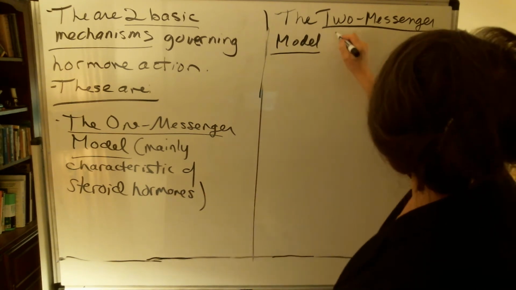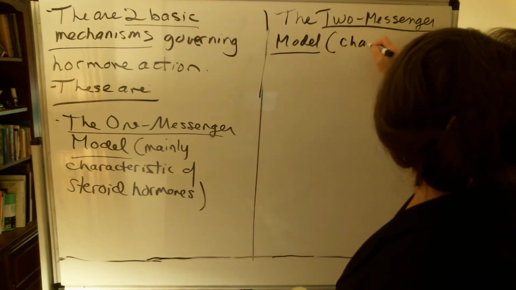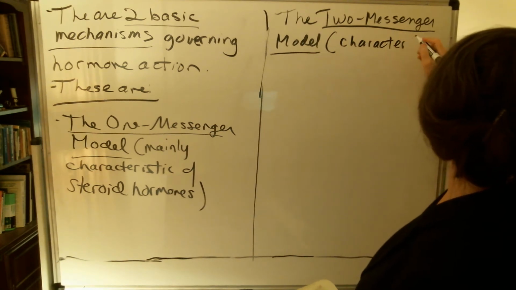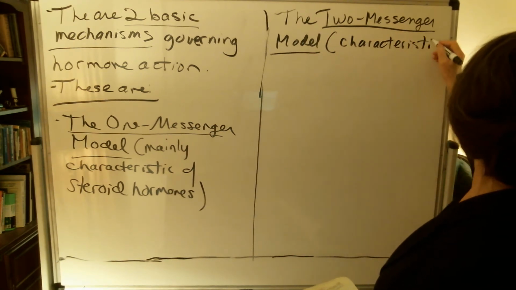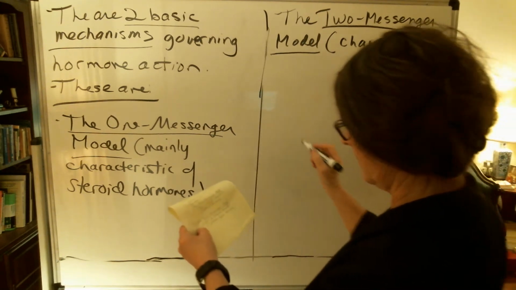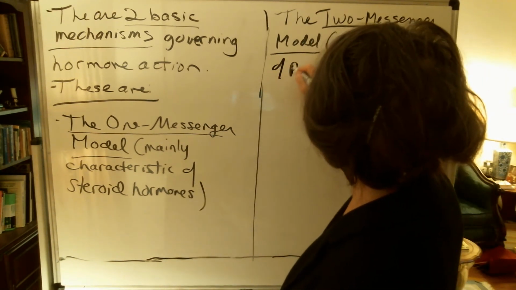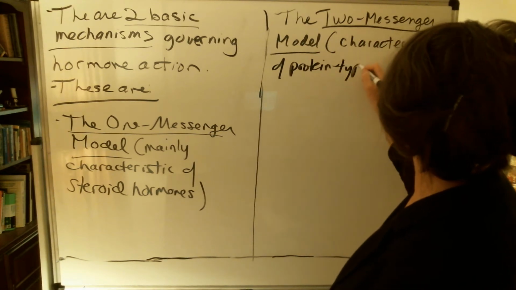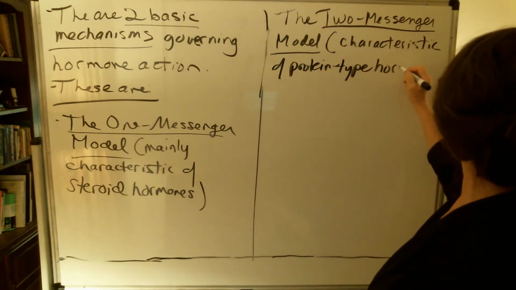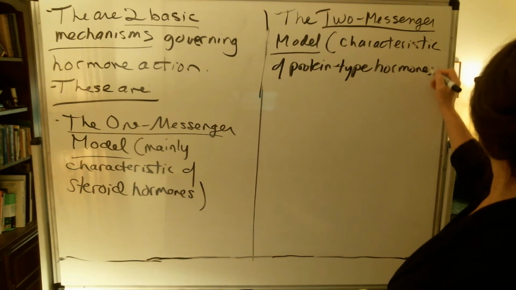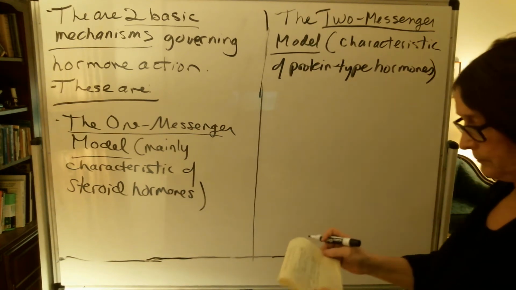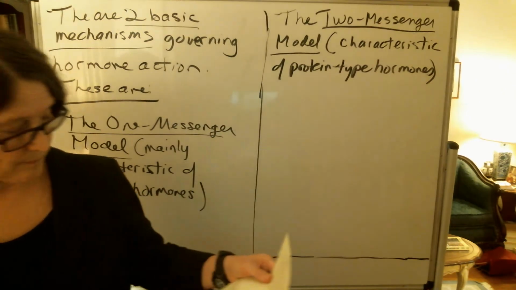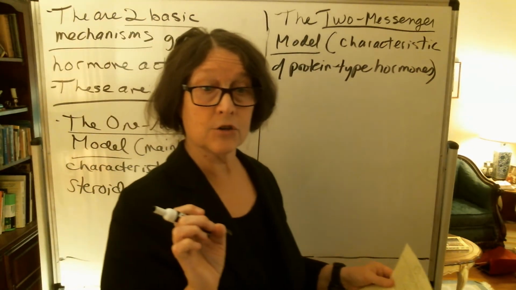And this then is characteristic of your protein type hormones. So we're going to talk about the one messenger model now.